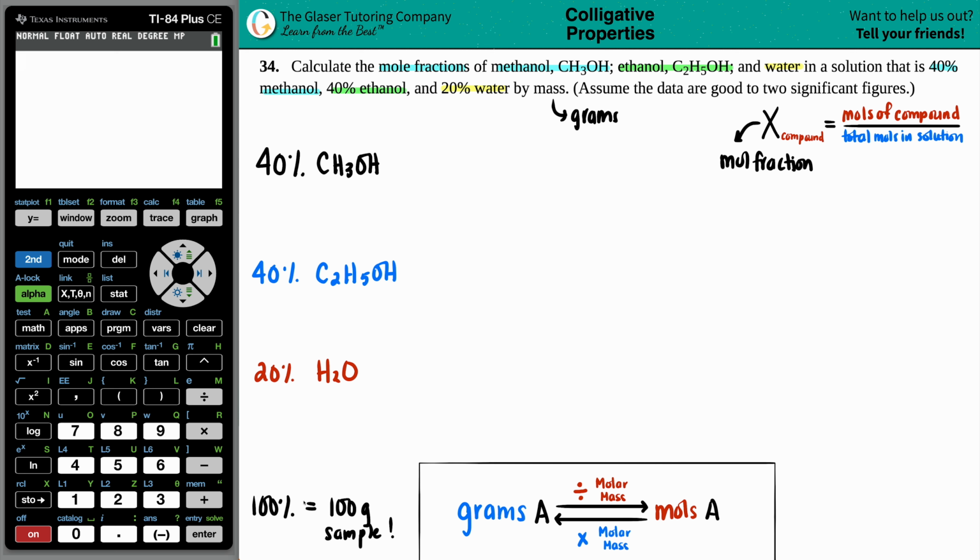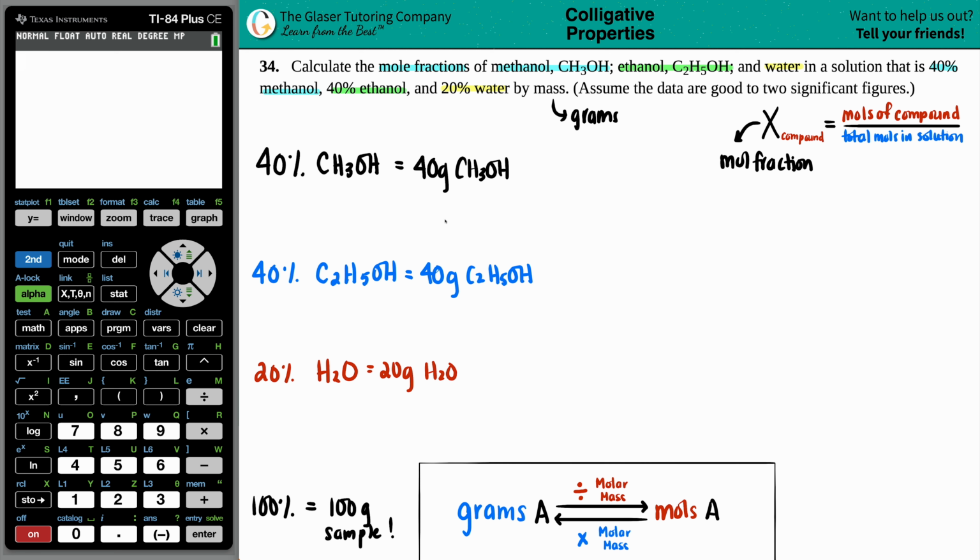So the percentages that we have here are going to equal the grams. 40% is going to equal 40 grams of CH3OH. 40% of C2H5OH is 40 grams of C2H5OH. And then 20% equals 20 grams of H2O.